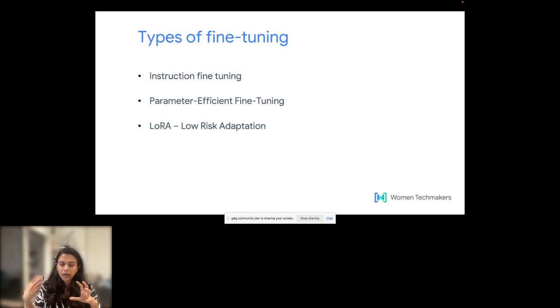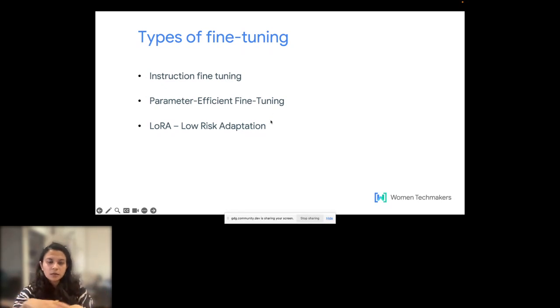But there are more advanced fine tuning techniques out there where you don't have to modify the parameters of all the layers of the model, which is known as parameter efficient fine tuning. I am not going deep into this because this would need some advanced machine learning concepts.